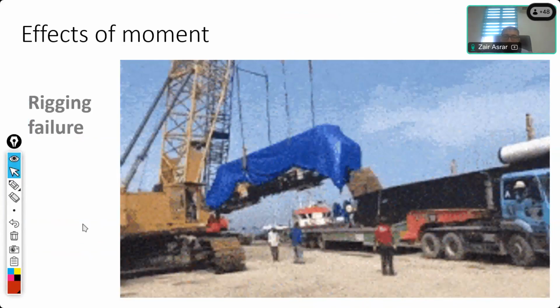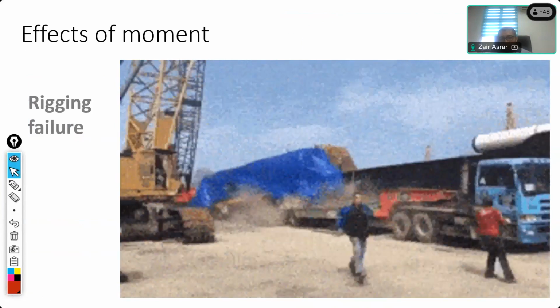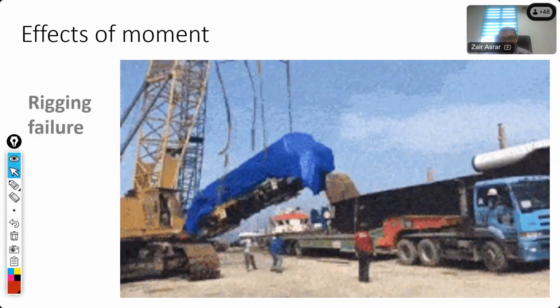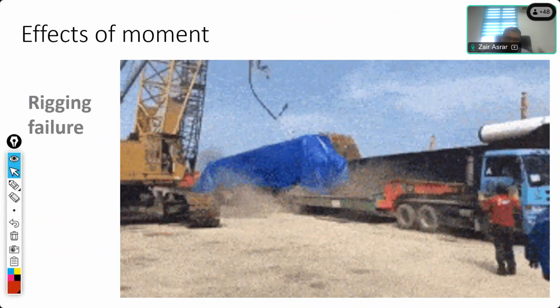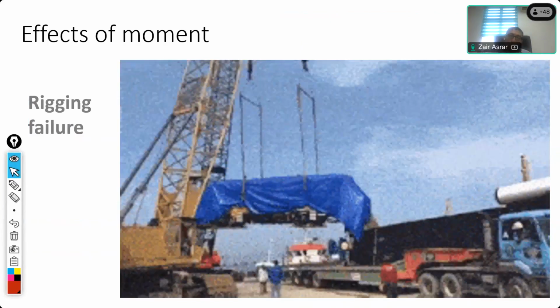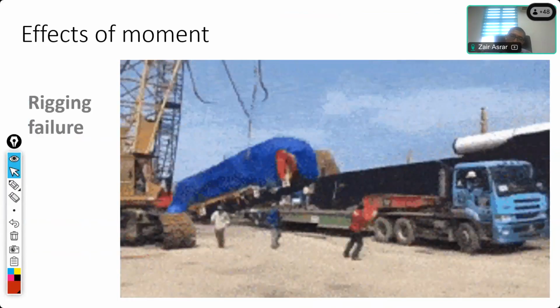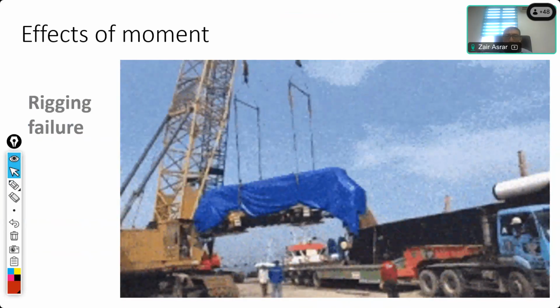You can see that when the object falls down, it is rotating. That rotation motion is due to moment. So you need to consider the effect of moment when we do calculations to ensure that the object will be in equilibrium and not failing.